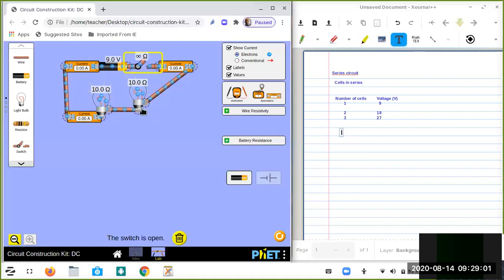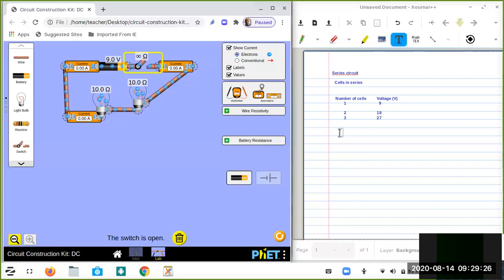So let me now go back to, I'm now going to make use of one ammeter in a series circuit. Now we know that the current flowing through the circuit is the same at any point. So I'm now going to make use of one what? Ammeter, right? So let us then look at resistors in series.